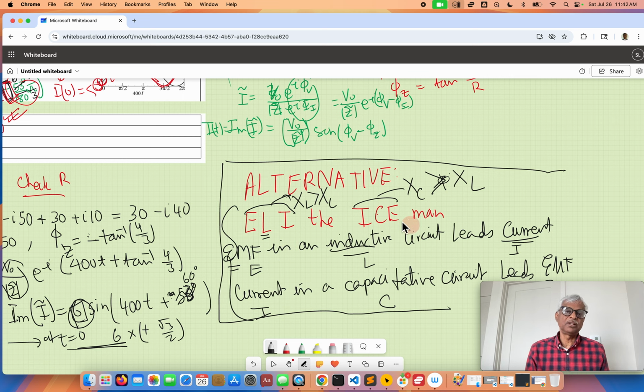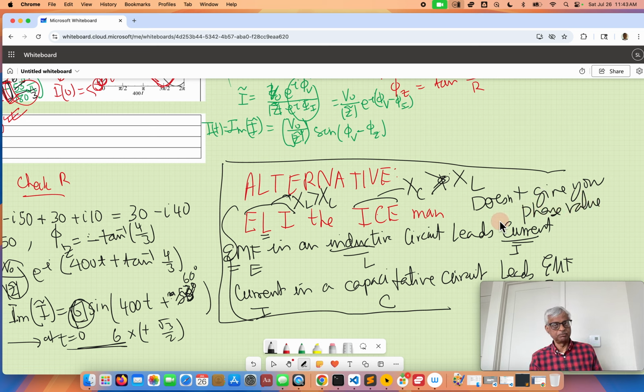Of course, this does not give you the actual phase value. It just tells you which is ahead and which is behind, but it doesn't tell you how much ahead or how much behind.